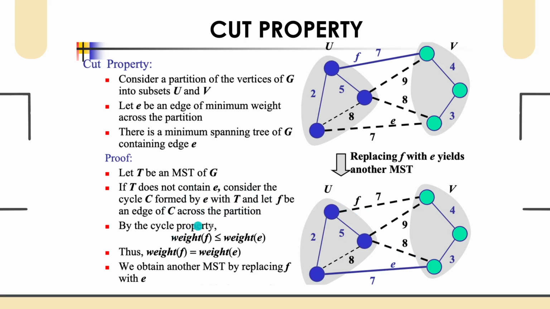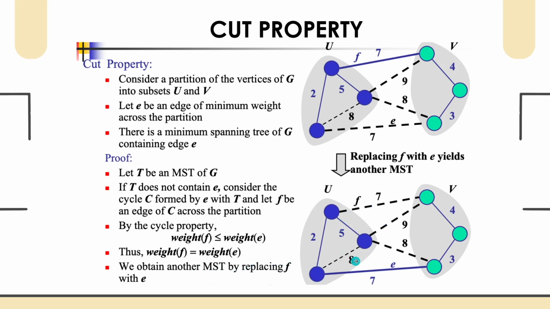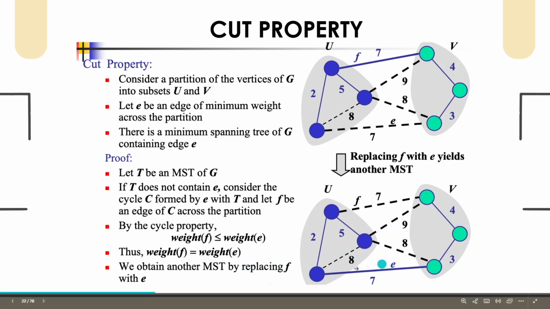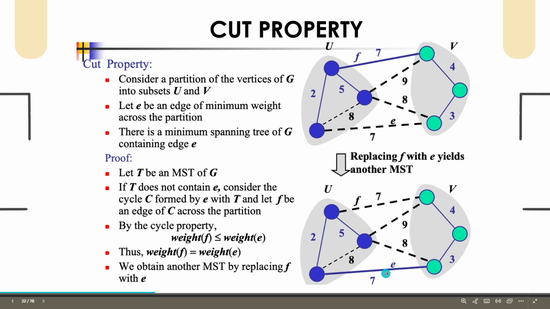By the cycle property, the weight of F will always be less than or equal to the weight of E, and so the weight of F can also be equal to the weight of E. So, we can obtain another minimum spanning tree by replacing F with E. So, this F can be replaced by another edge in this graph, say E. If this particular edge is not part of the tree, then the tree will be left disconnected, but our objective is to have all the vertices in that graph. So, it is a must that this edge is always part of that spanning tree.